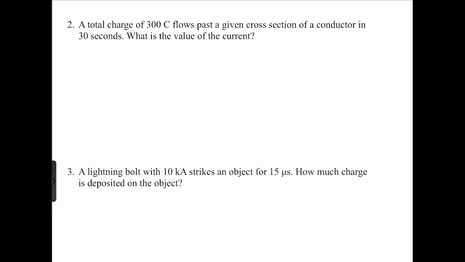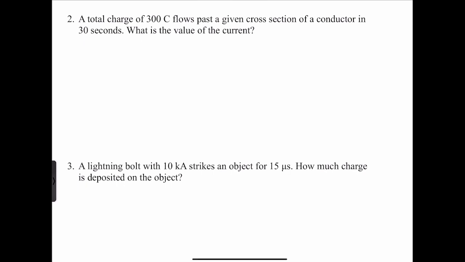Let's go to the second one. As in the first video, we know that Q is equal to I times T. Here we're given the charge and the time. Time is in seconds, so we do not need to convert. So we can find the value. What is the value of the current?